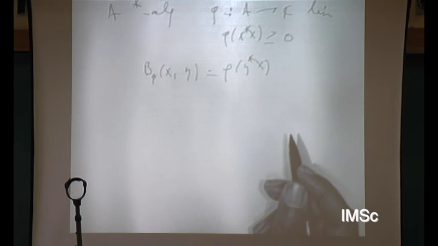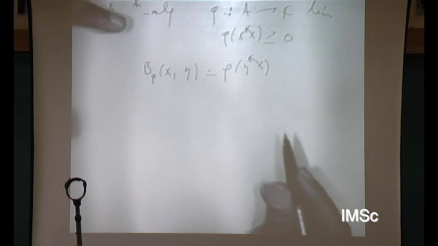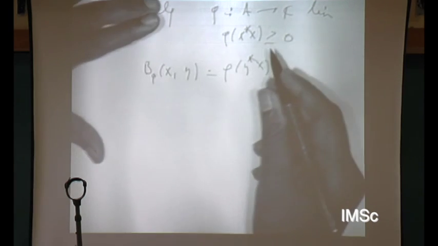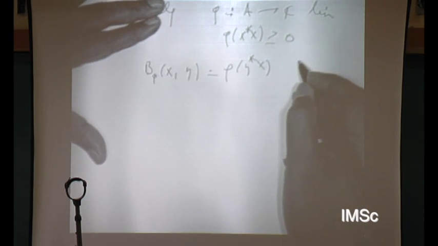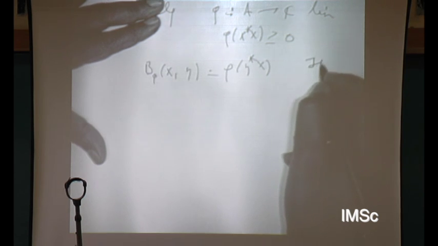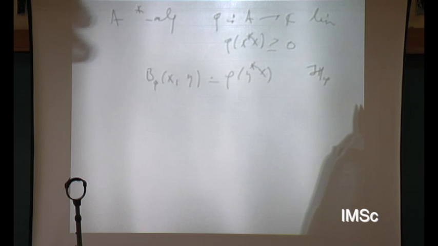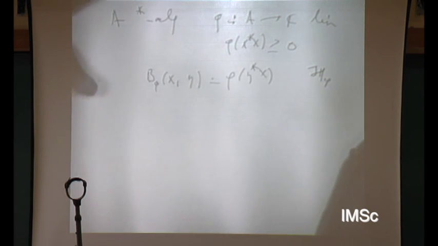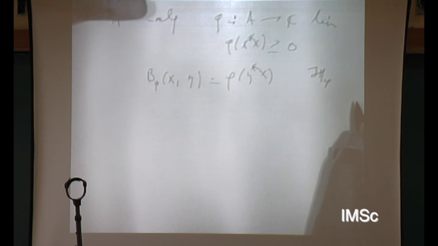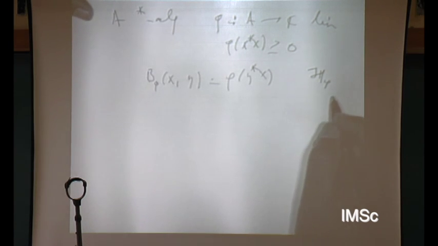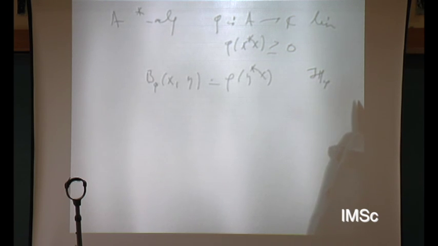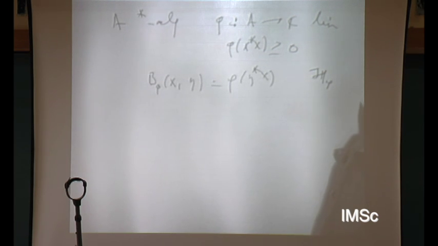So you can try to do the same thing and associate. You can define H phi in the same way. The same definition makes sense. And you can hope to define a representation pi phi of A on H phi. Now, this is the first time you run into one analytic problem.